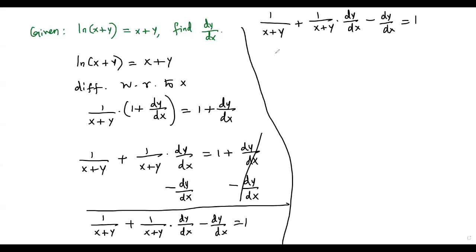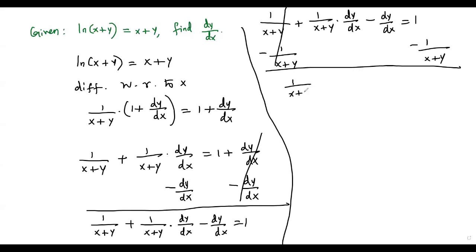We can get rid of it by subtracting 1 over x plus y from both sides. This positive term and negative term will cancel out. I'm just getting 1 over x plus y times dy over dx, minus dy over dx. On the right side, I'm getting 1 minus 1 over x plus y.